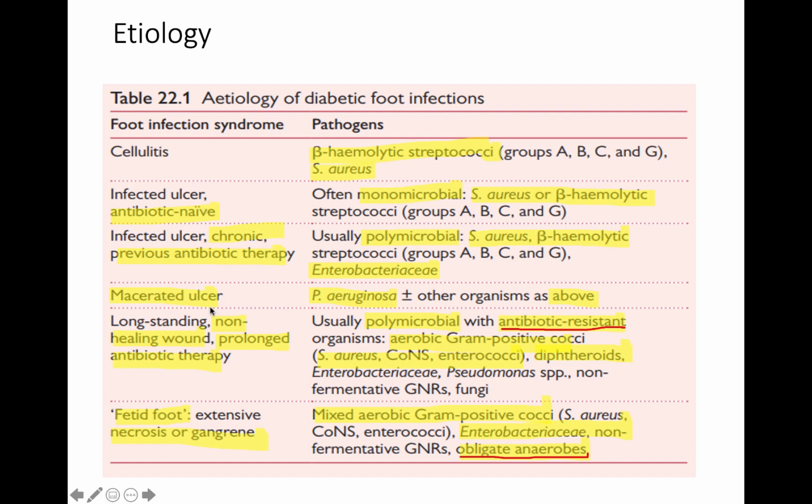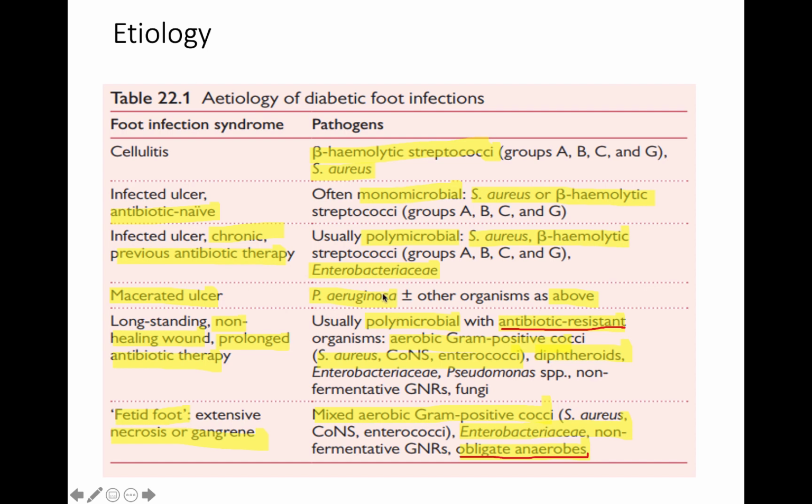A macerated ulcer will probably be an infected ulcer now that has صار فيها تهتك. So now the surrounding tissue becomes macerated, and this is where you can see Pseudomonas. This is typical presentation of the entry of Pseudomonas into the ulcer.